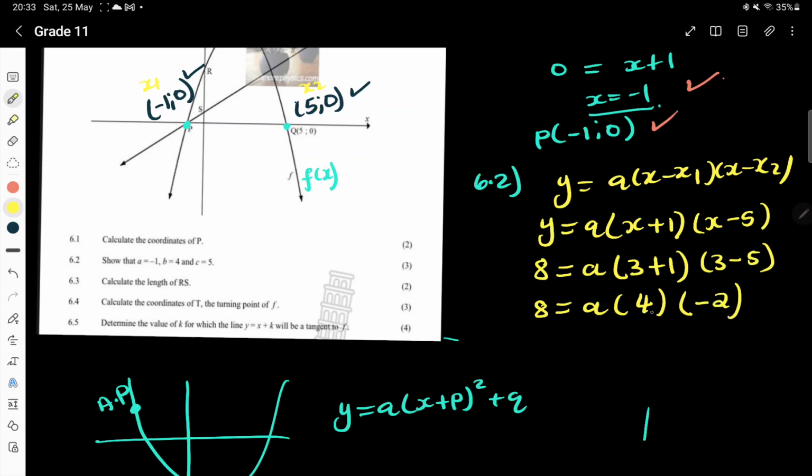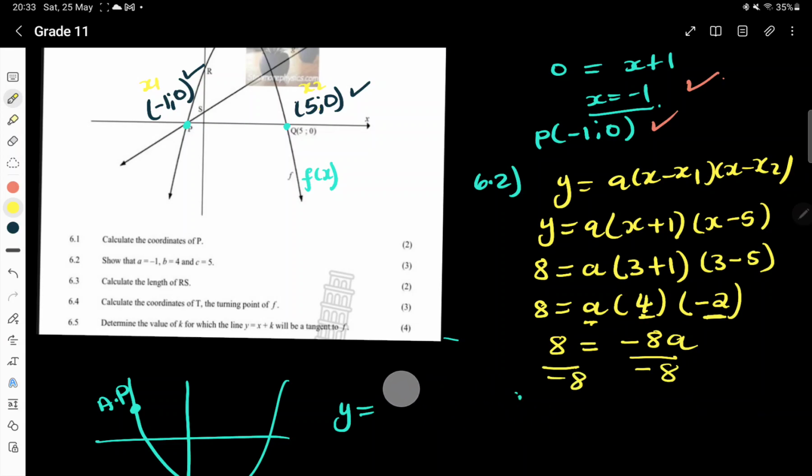Then 4 times -2 is negative 8. Don't forget the a. 8 is equal to -8a. Then you divide by negative 8 on both sides. Then a is equal to negative 1. So we are safe. a is negative 1.